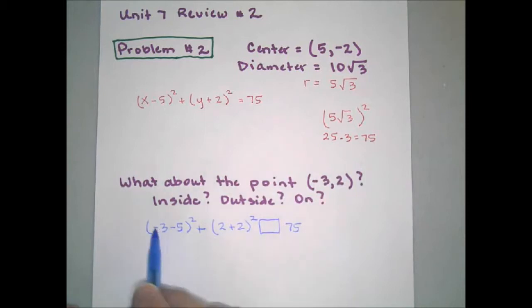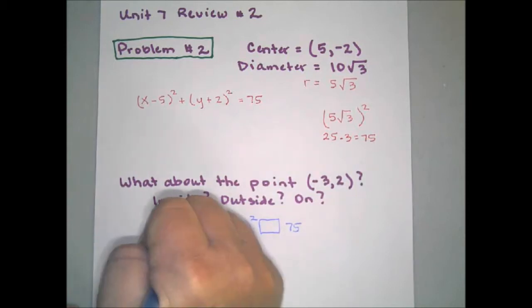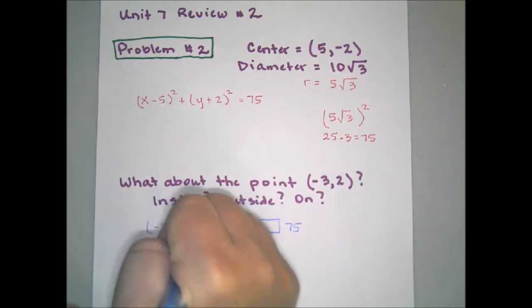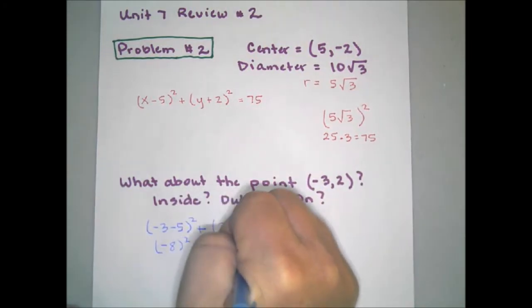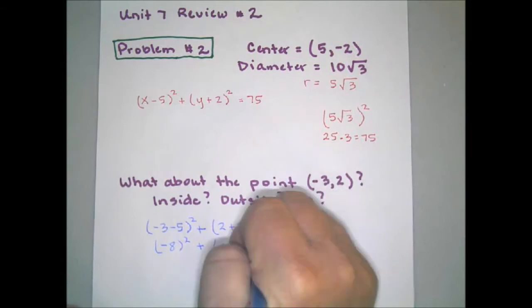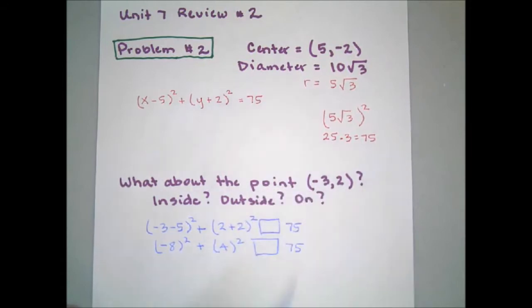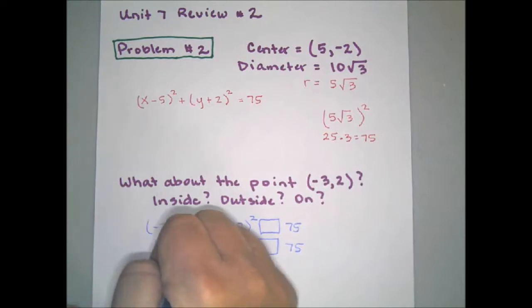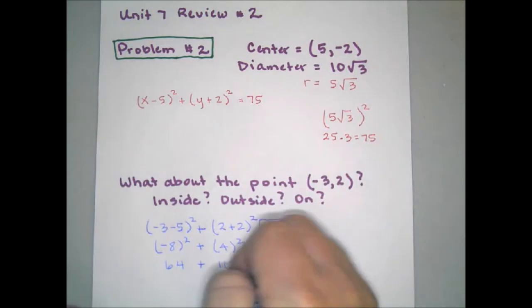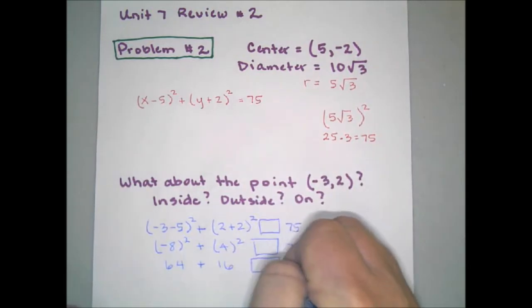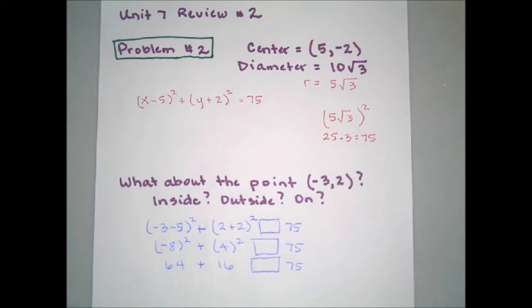So -3 minus 5 is -8 squared. 2 plus 2 is simply 4 squared, box 75. So 64 plus 16 is what when compared to the number 75?